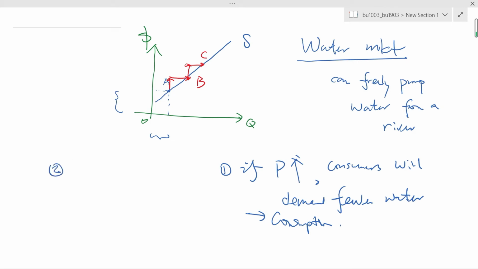The second issue that people generally think of is, how about the total cost of production?